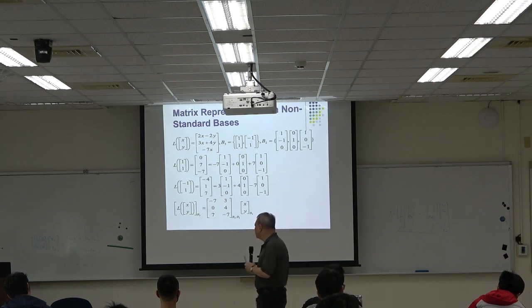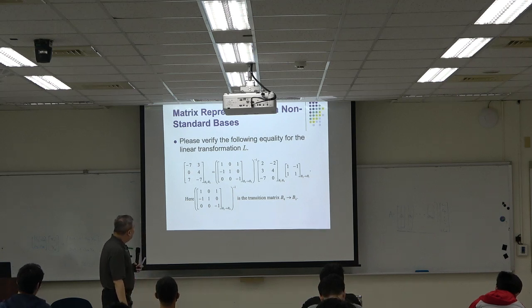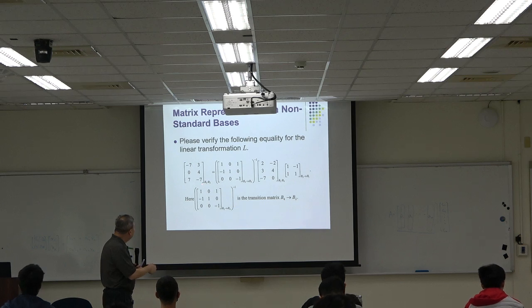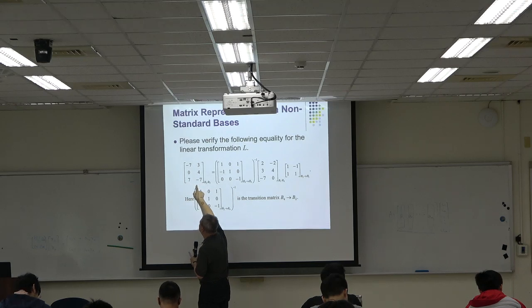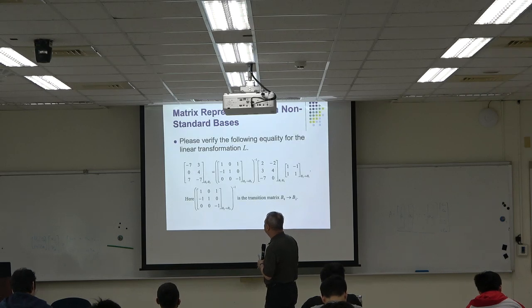One thing that is interesting is that you convert a vector from basis B3 to basis B2, and this is actually the same linear transformation, by the way. This is B3, B2.